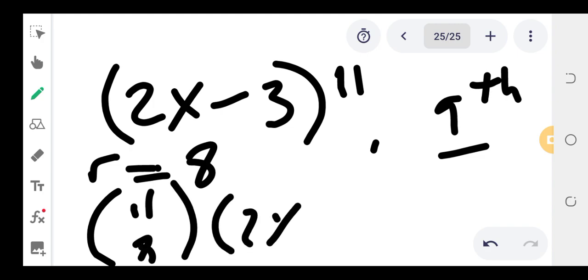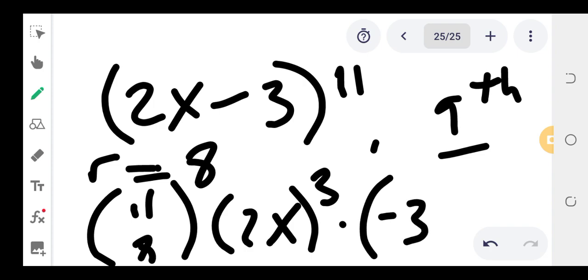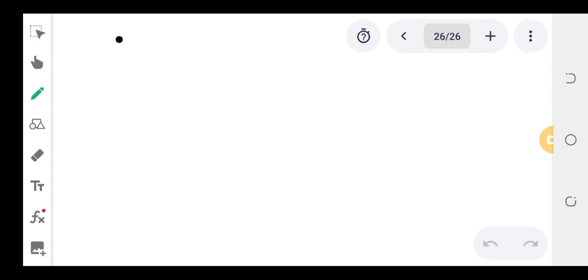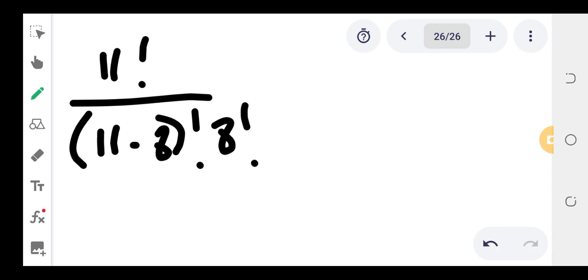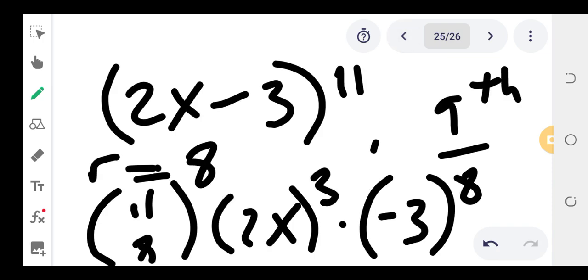multiplied by 2x to the power, what is 11 minus 8? So 11 minus 8 is just 3, multiplied by negative 3 to the power 8. So you start reducing this. You know that 11 combined 8 is simply 11 factorial divided by 11 minus 8 factorial, then we have 8 factorial as well, multiplied by 2x to the power 3.